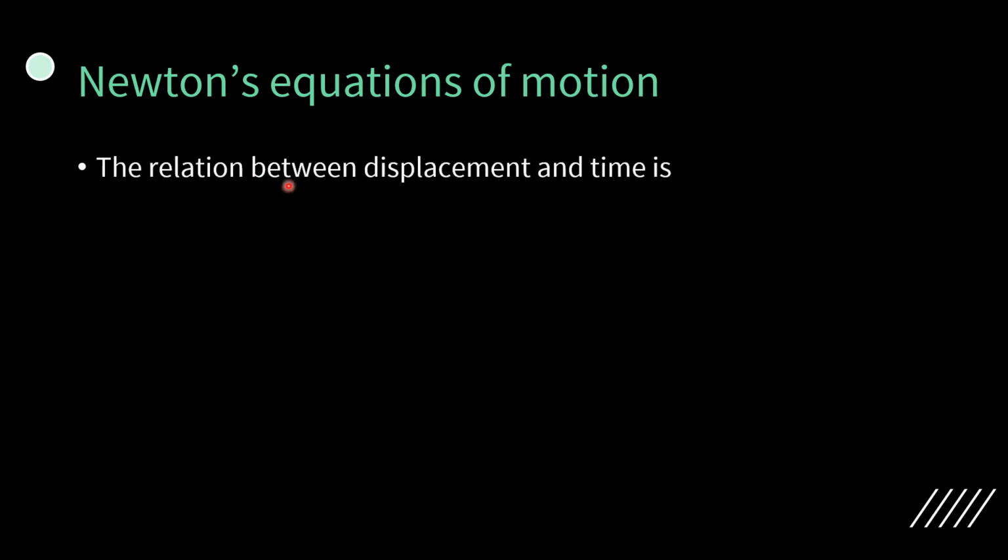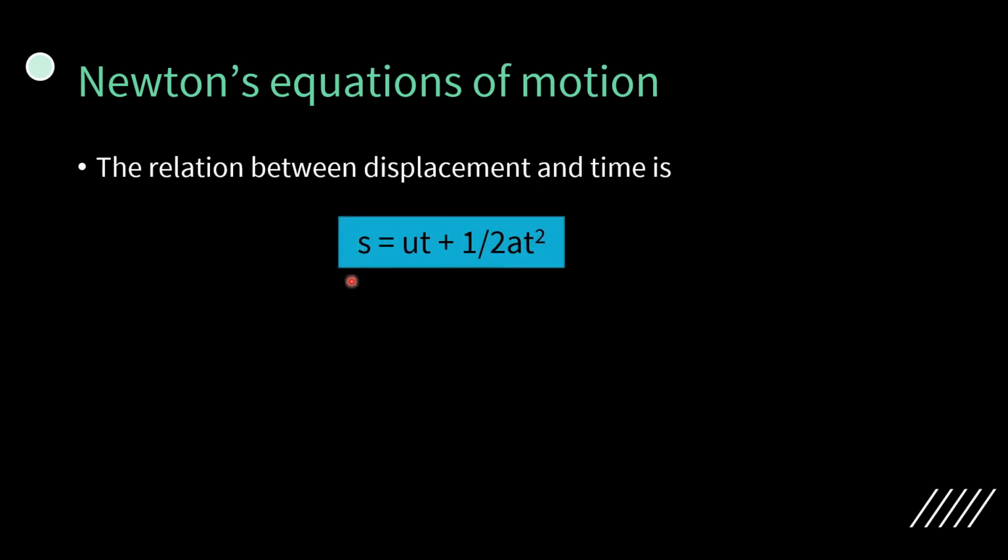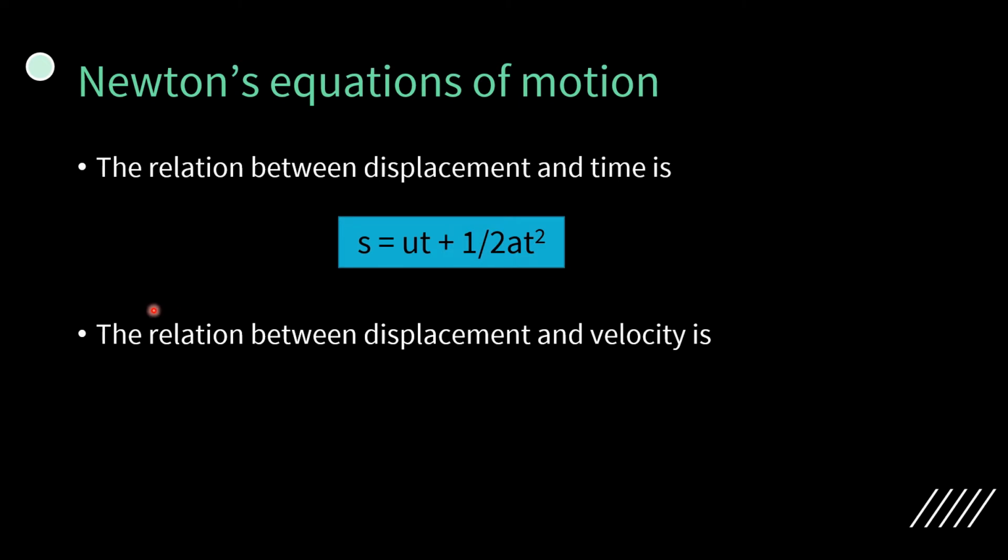The relation between displacement and time is given in the equation s = ut + half at square, and the relation between displacement and velocity of the moving object is given as v square = u square + 2as. So children, let us start deriving it using graphical method.